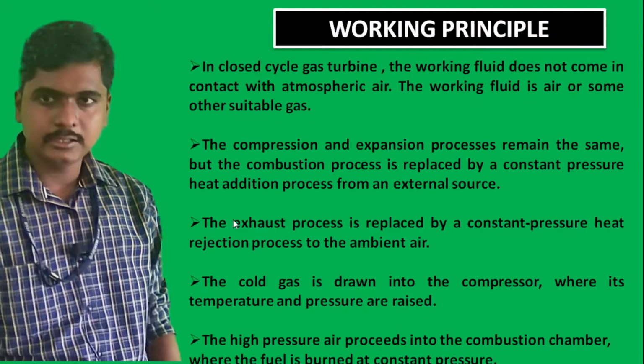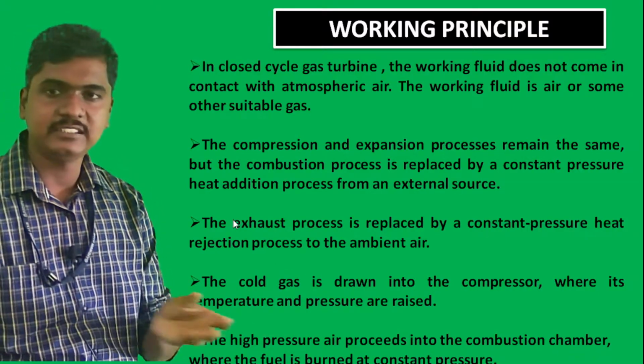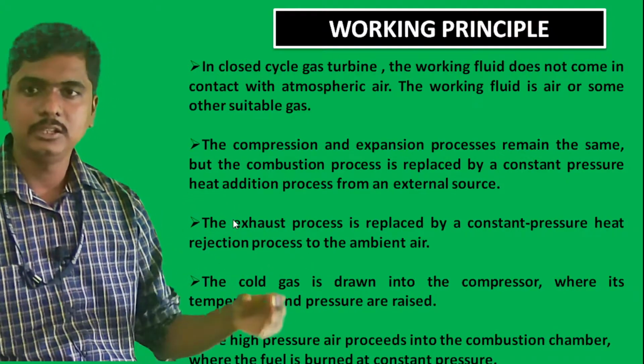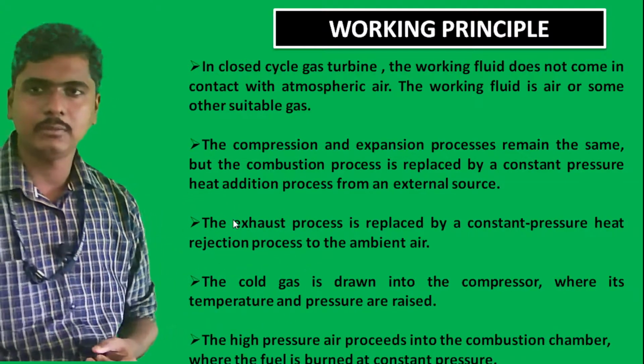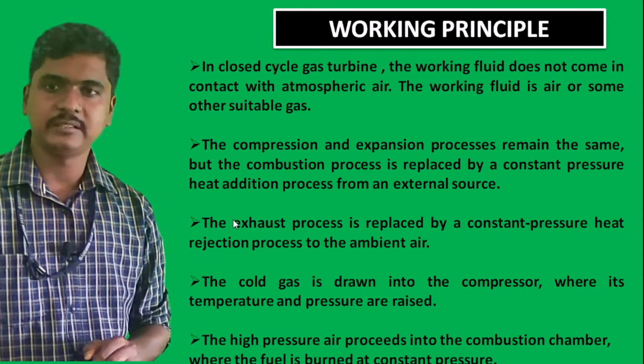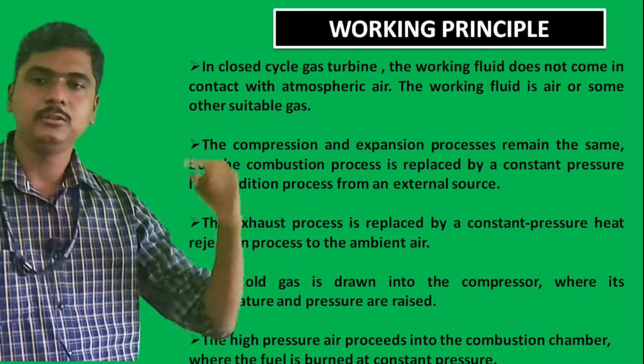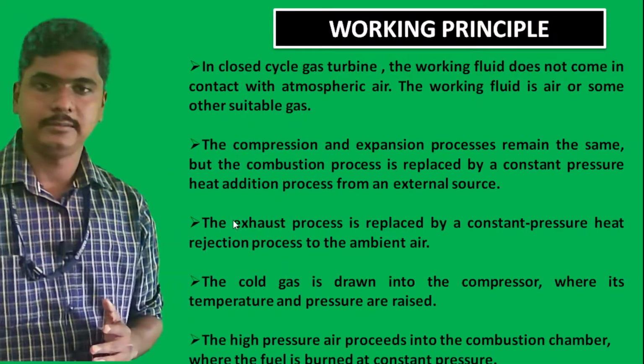The next point is that the cold gas is drawn to the compressor after the heat exchanger. After the rejection of the heat, the gas comes down to its normal temperature and pressure. Then it is directed to the compressor, which means we recirculate the same gas again and again throughout the cycle.